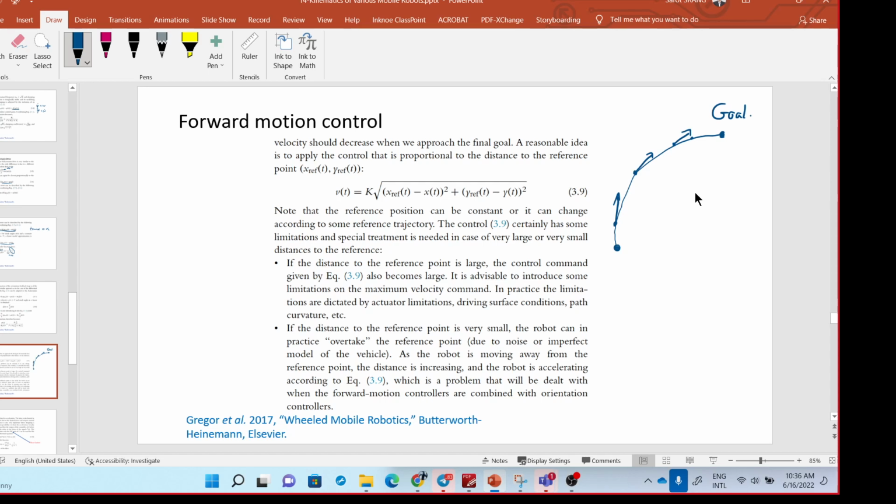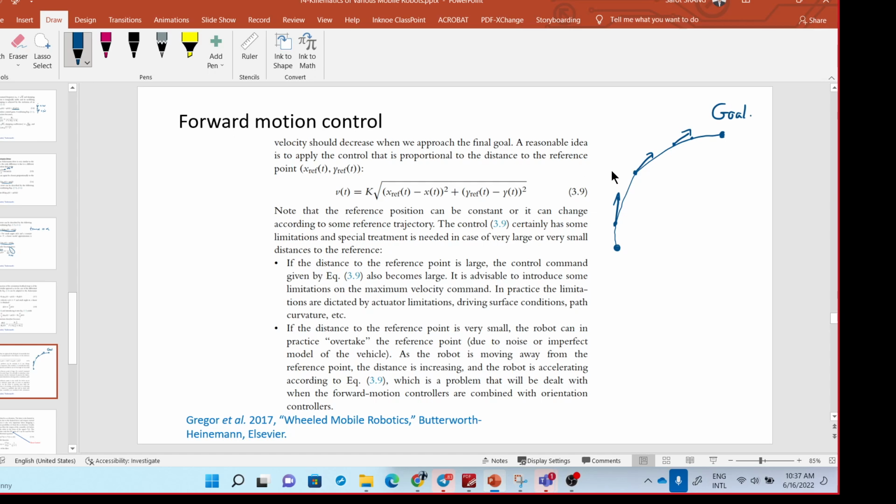So one idea is to relate the linear velocity with the goal and the instantaneous position.